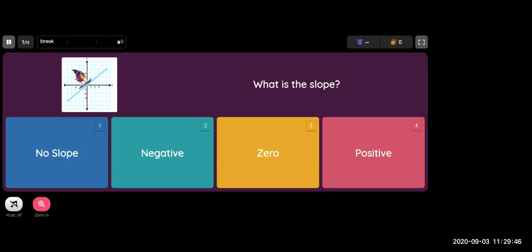So if the points are 2, 9 and 3, 9, you'll get 0 as the slope because it's a horizontal line. But since this isn't a horizontal line and it's going from left to right, down to up, it'll be positive.